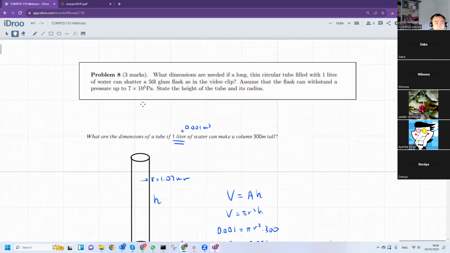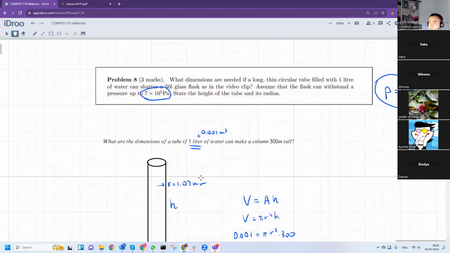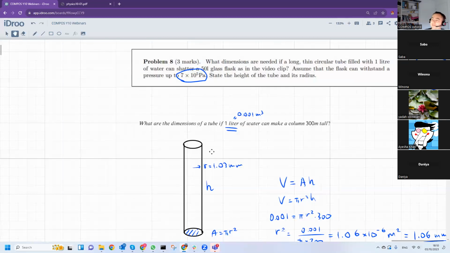And for the height, you have the pressure. You want to know what the pressure is, and the pressure can be found using the formula rho g h. Use this formula to find h, and then use that h to find the dimensions. Okay. Does that help, Rihanna?